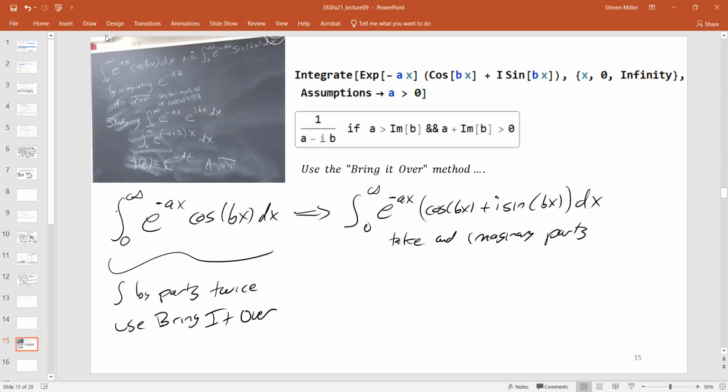If b stays a real number, there's no problem with convergence. e to the minus ax is decaying exponentially, cosine bx is bounded. If b is real, the integral makes sense. But if you all of a sudden allow b to be complex, now the question becomes a little bit more interesting. And so the idea is that we could actually solve this and generalize things a little bit, and again play the games with accumulation.